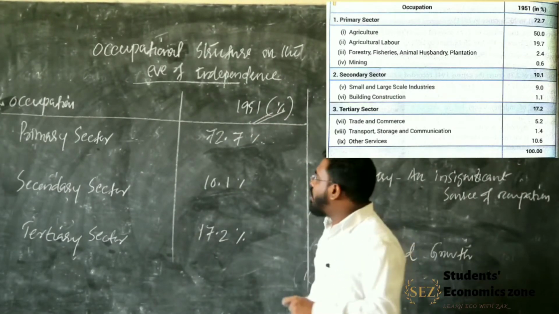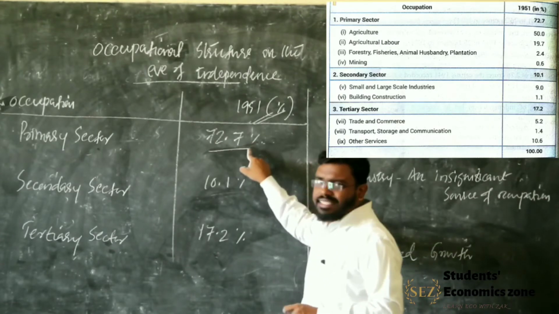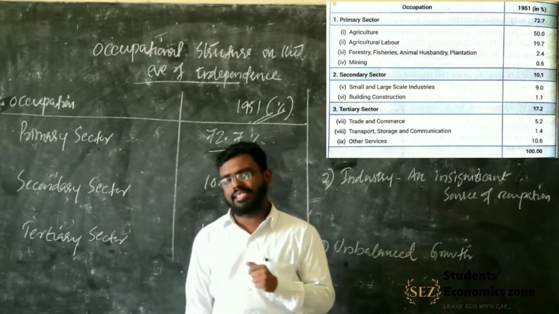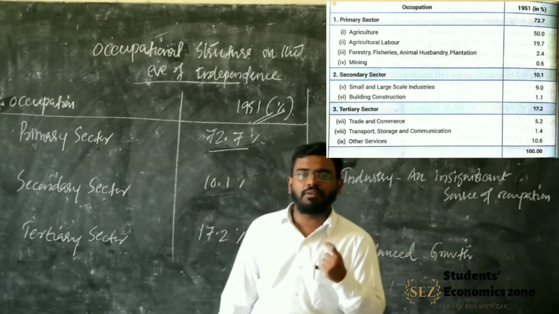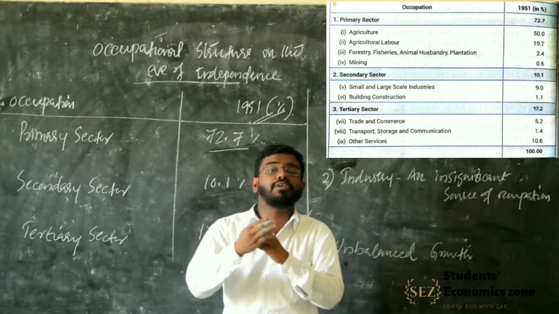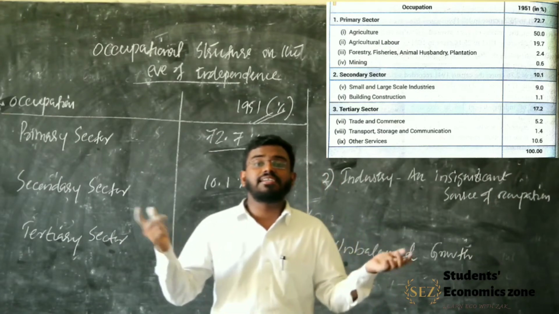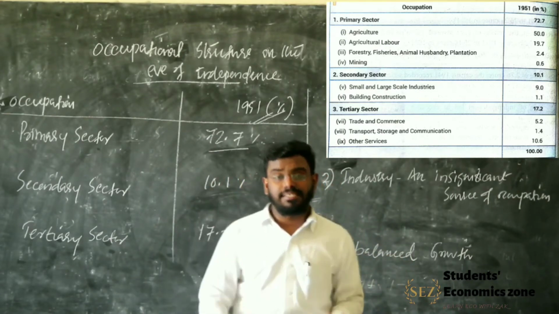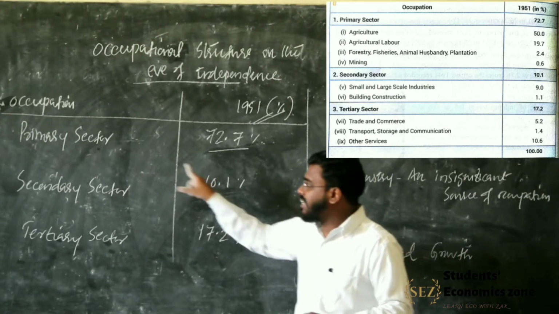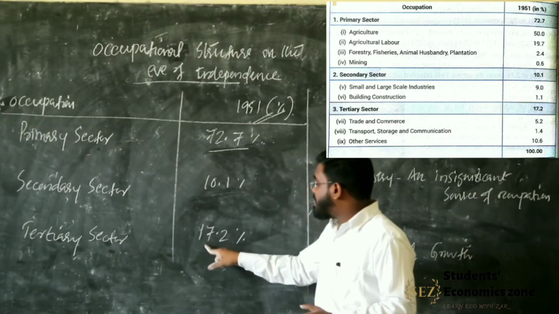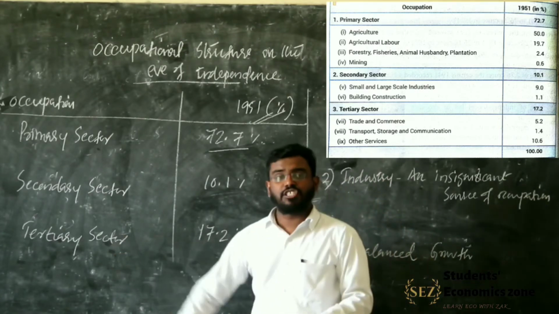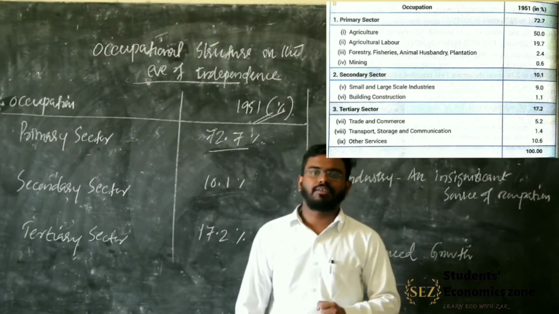In 1951, 72.7% of the workforce was engaged in the primary sector. Primary sector means agriculture and allied activities. So more than half of the workforce was engaged in the primary sector. Next, 10.1% of the workforce was engaged in the secondary sector and 17.2% in the tertiary or service sector.